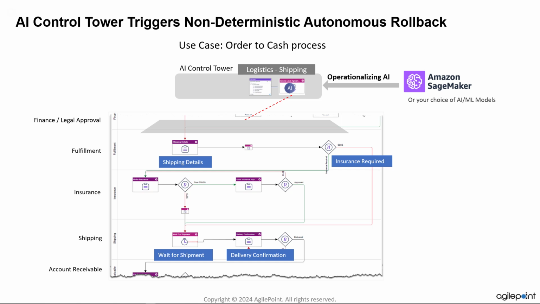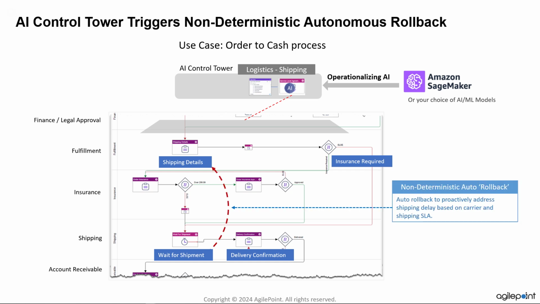So as I mentioned a few slides back, the second control tower is looking to mitigate shipping exceptions and delays. So if the model determines there is a high level of certainty that the shipment won't reach the customer on time with the current fulfillment configurations, the control tower is going to automatically roll the process backwards from the waiting for shipment stage back to the fulfillment team, where they can then adjust the method of shipment or the delivery date to avoid an unhappy customer.